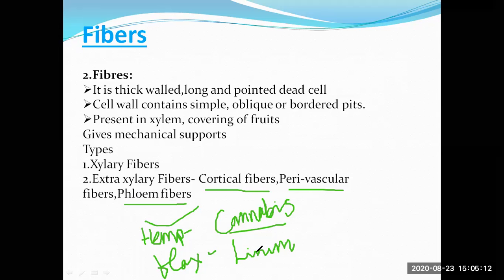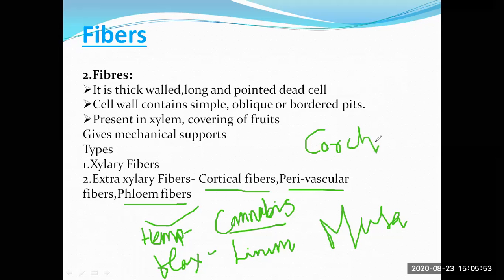These fibers are economically very important, commercially used for human welfare. A few more examples: Manila hemp. The example is Musa textilis. The fiber obtained from Musa textilis is called Manila hemp. And also jute. We obtain jute from Corchorus capsularis, the name of the plant.